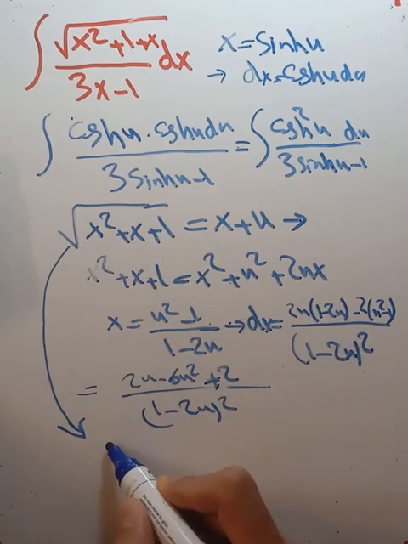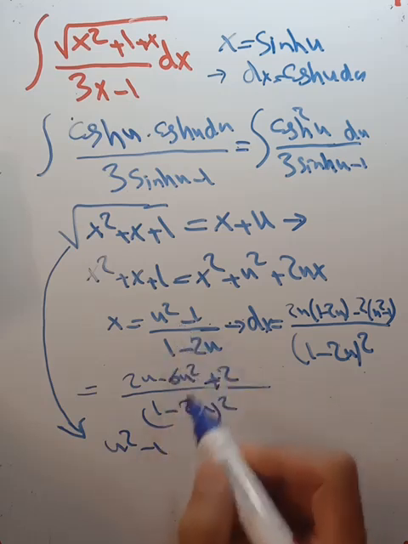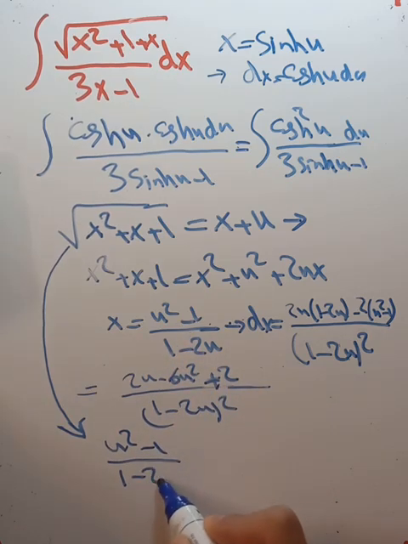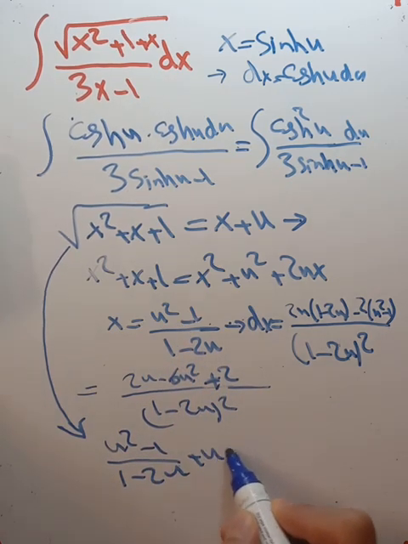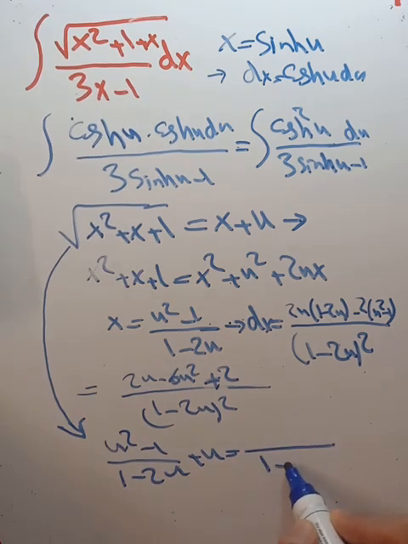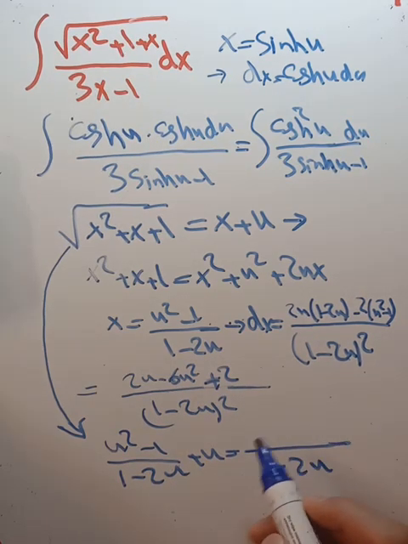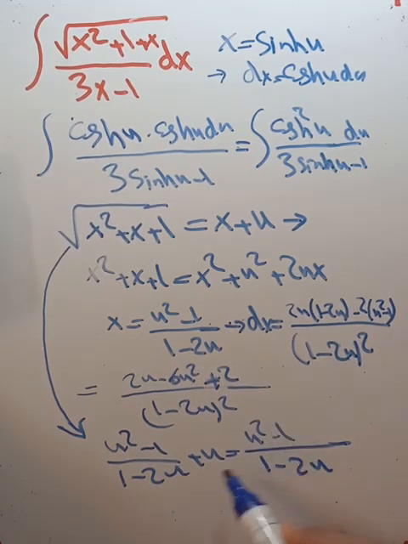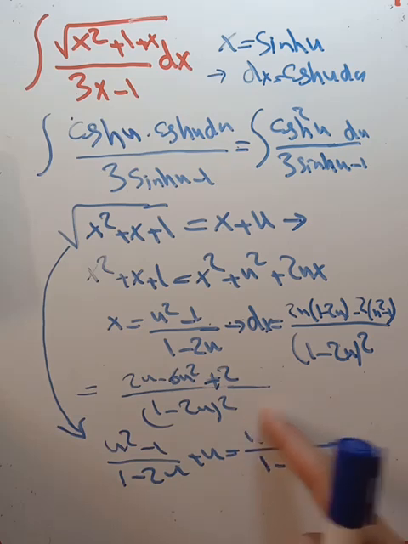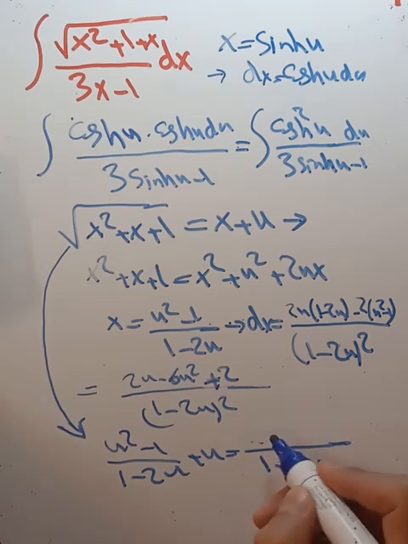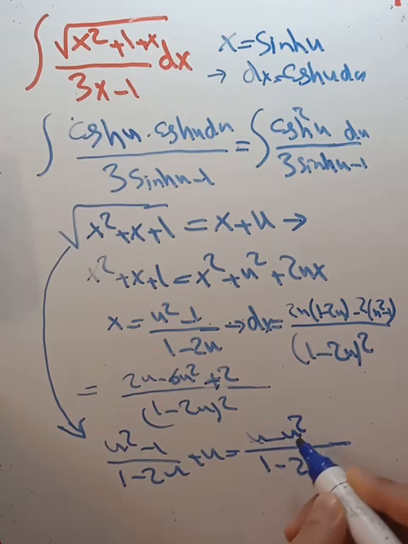So it would be u squared, this is x, 1 minus 2u plus u, which equals 1 minus 2u here, u squared minus 1 plus this times this, which finally would be equal to u minus u squared minus 1.